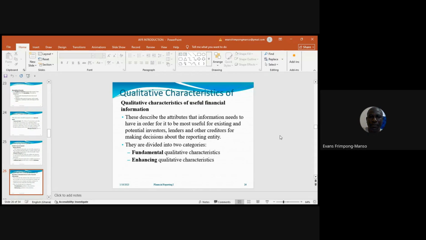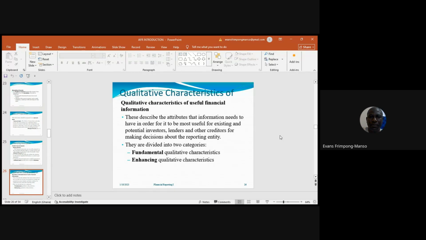We have the fundamental qualitative characteristics, then we have the enhancing qualitative characteristics.